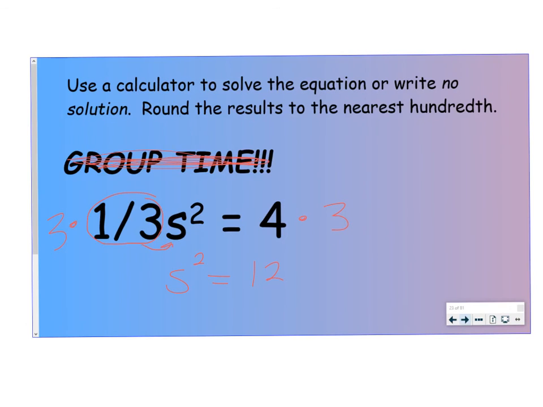That's equal to 12. Then take the square root of both sides. S is equal to root 12, or if you would like a decimal, s is equal to 3.46.